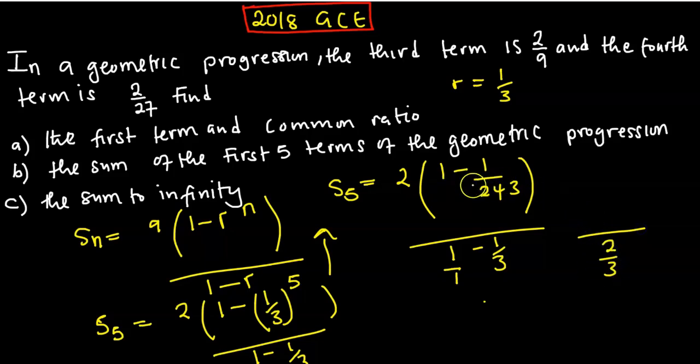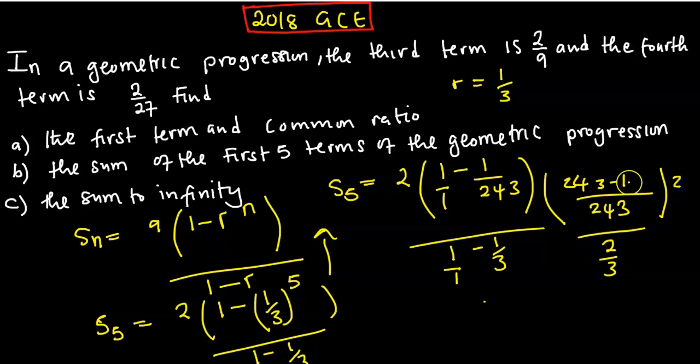Then inside here, the lowest common denominator is 243. On top, 1 into 243 is 243, so 243 minus 1. Then of course you are multiplying by 2.